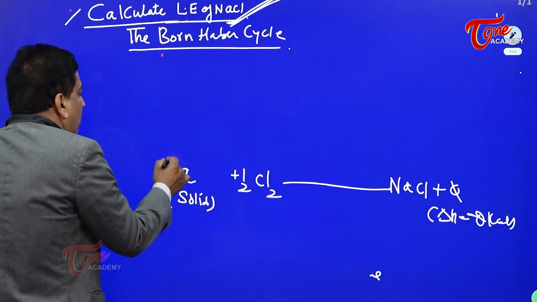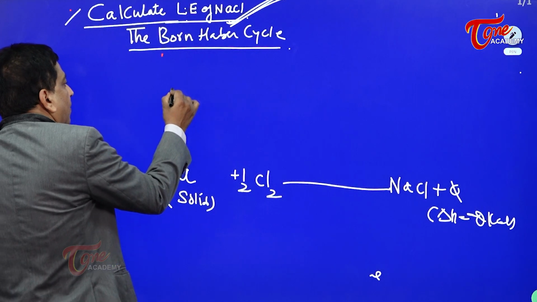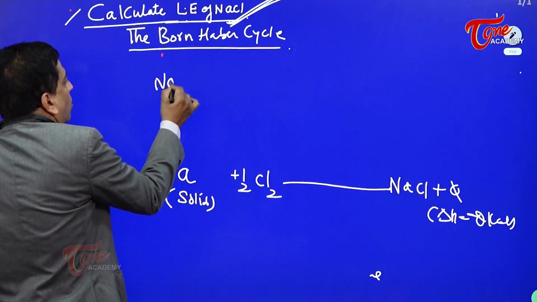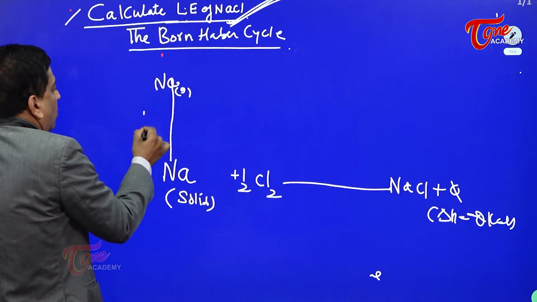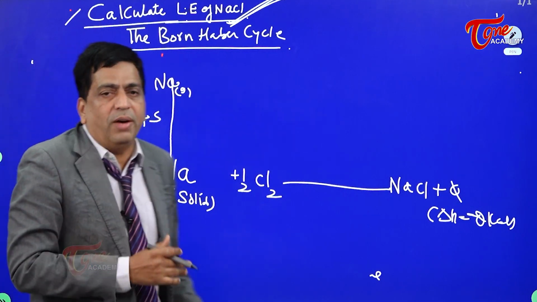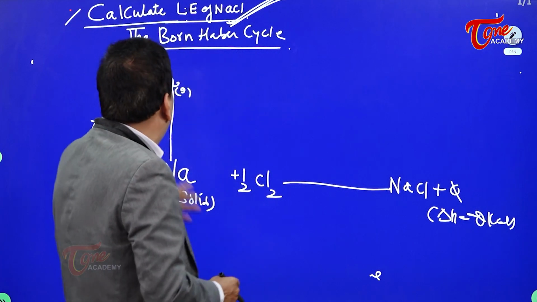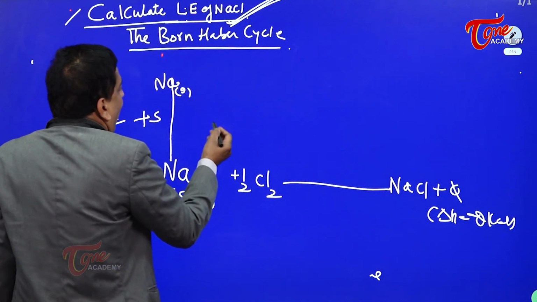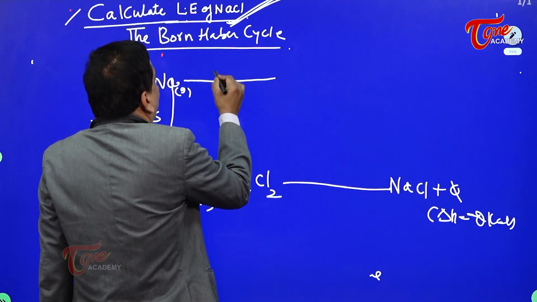So what I'm doing, this sodium is now sublimated. Right? And the delta H is plus, because you have given energy. So you got sodium, and then you remove an electron from this.